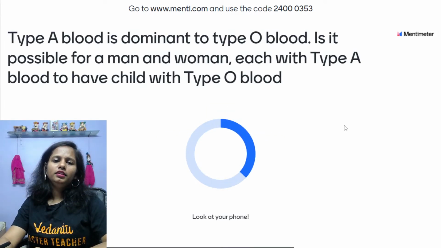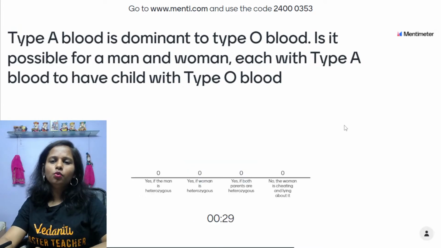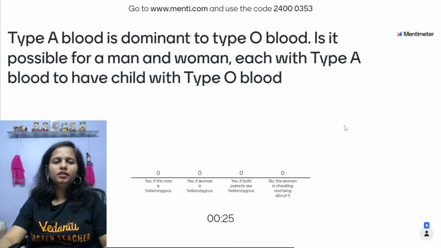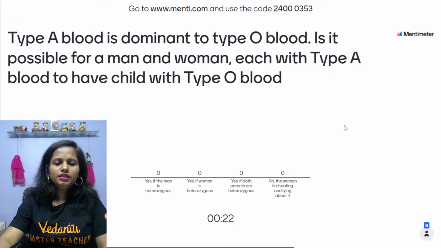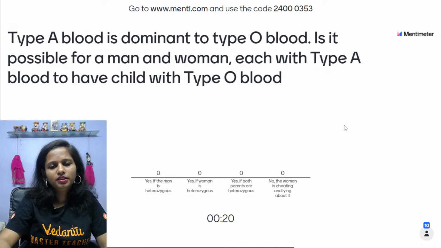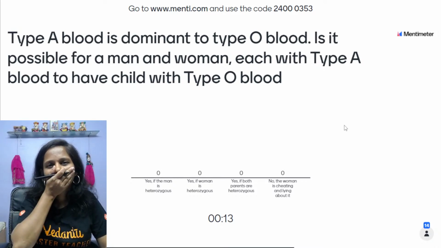Type A blood is dominant over type O. Is it possible for a man and woman each with type A blood to have child with type O blood? Yes, if the man is heterozygous. Yes, if the woman is heterozygous. Yes, if both parents are heterozygous. No, the woman is cheating and lying about it. How?